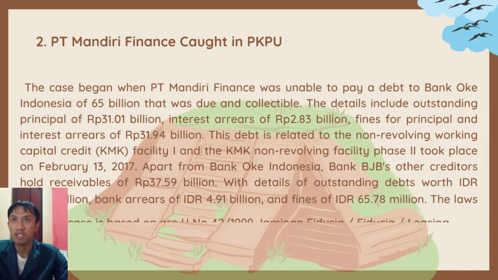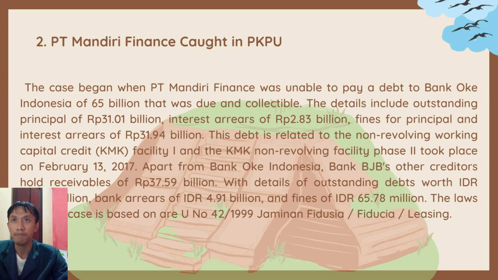Okay, the second case is PT Mandiri Finance, which was put into PKPU. The case began when PT Mandiri Finance was unable to pay a debt to Bank OK Indonesia of 65 billion rupiah that was due and collectible.